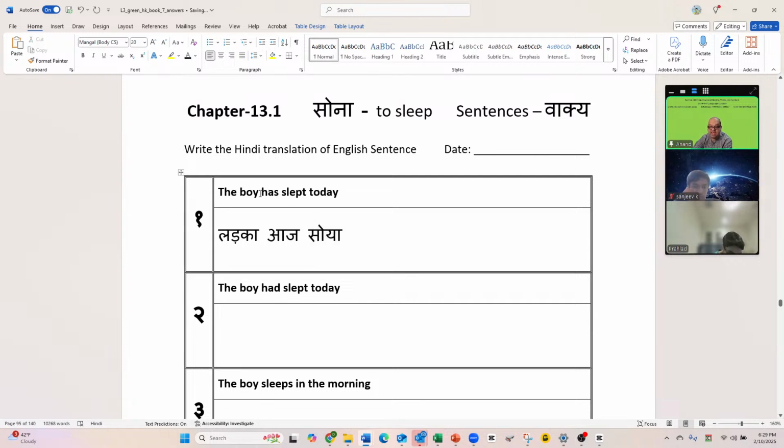if you see the English sentence, it says has, right? Is has present tense or past tense? Present tense. So since it's has and present tense, the Hindi word is hai. Understood the sentence? Okay. Ladka aaj soya hai. So go and write it down, both of you.